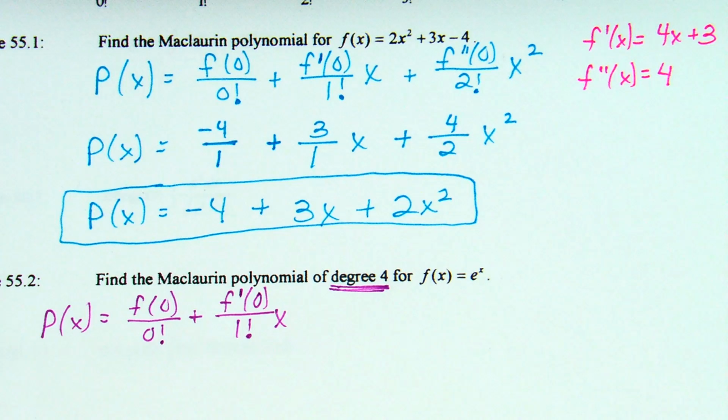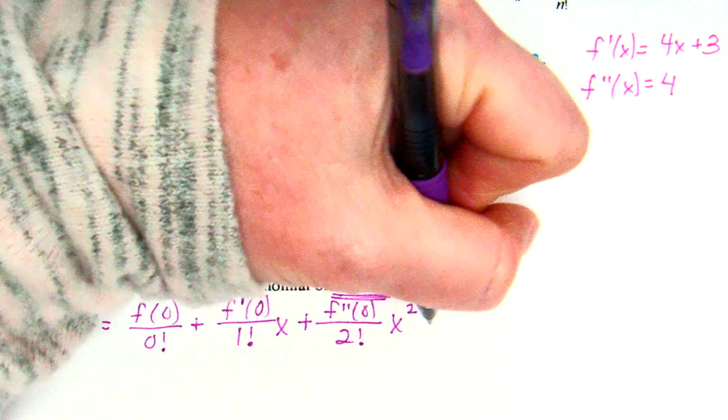So next one. Do I need to slow down so you guys can get a step ahead of me, or you're okay? So f triple prime of 0, 3 factorial, x to the third, and fourth derivative at 0, 4 factorial, x to the fourth.